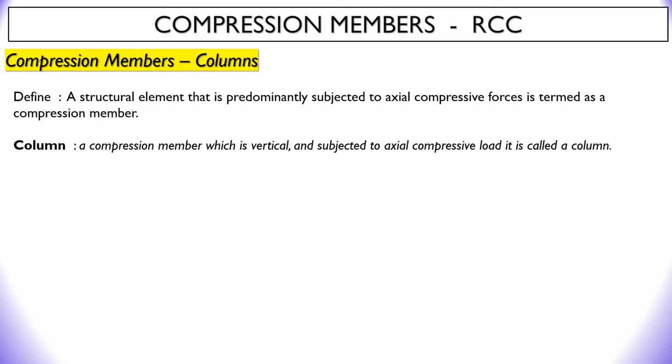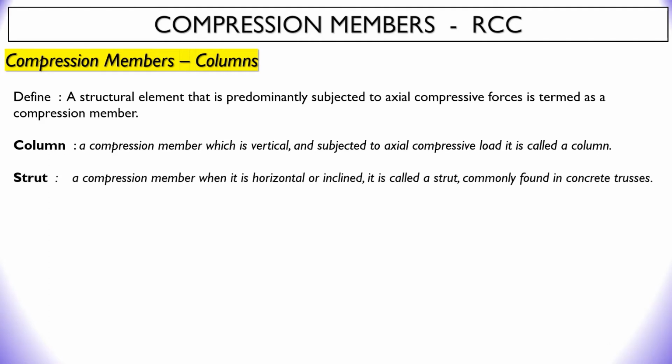And regarding a column, a compression member which is vertical and subjected to axial compressive forces or axial compressive load, we will call that type of compression member a column. And if a compression member is horizontal or inclined, it will be termed as a strut.